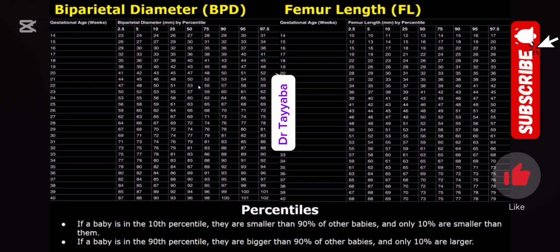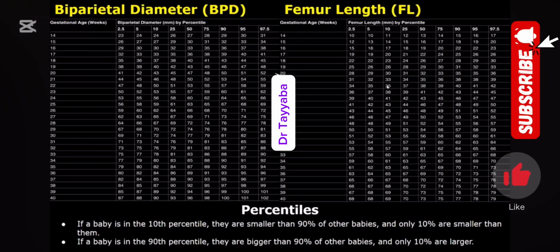If a femur length measurement is 37 mm for a 22-week fetus, it is in the 25th percentile according to this table, and this measurement is smaller than 75% of other fetuses, and only 25% are smaller than this.